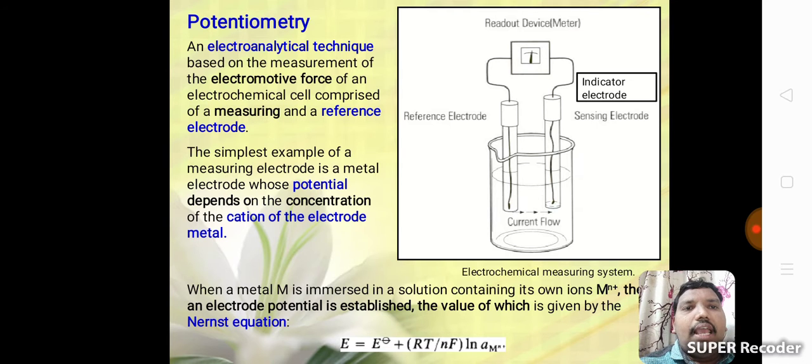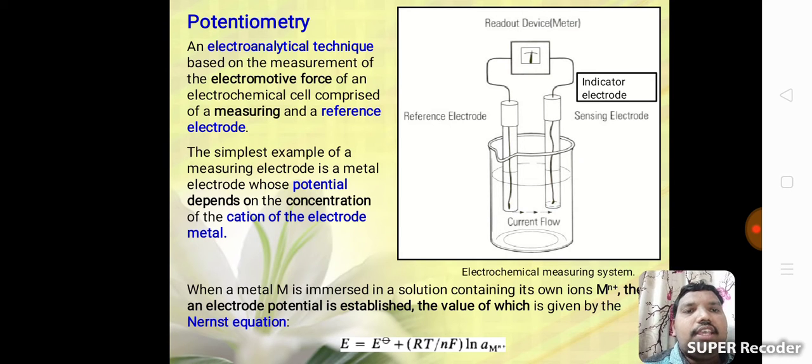When a metal M is immersed in a solution containing its own ions M^n+, an electrode potential is established, the value of which is given by the Nernst equation.